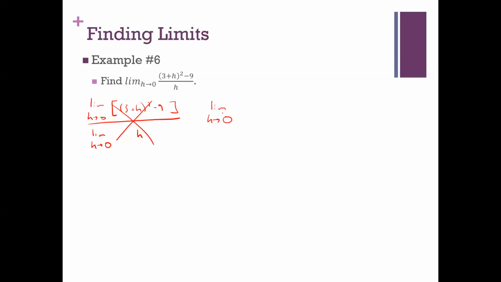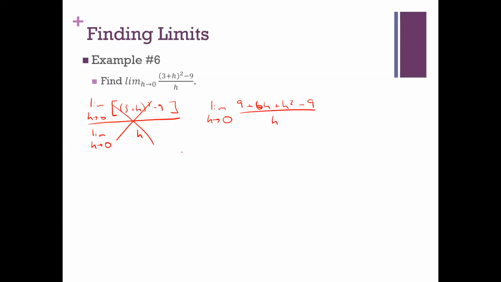Oh, is that what you're saying? Okay, I didn't see it that way, but yeah, if you look at the numerator as a difference of squares, that'll work too. So in fact, let's do both. Quickly expanding that bracket, I'm going to get 9 plus 6h plus h squared minus 9, all over h.